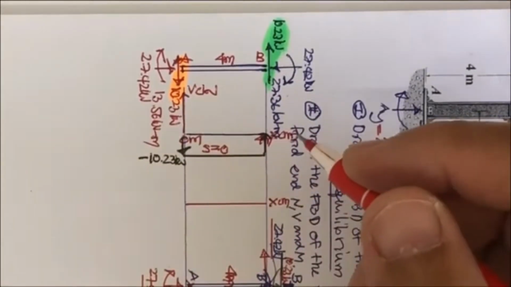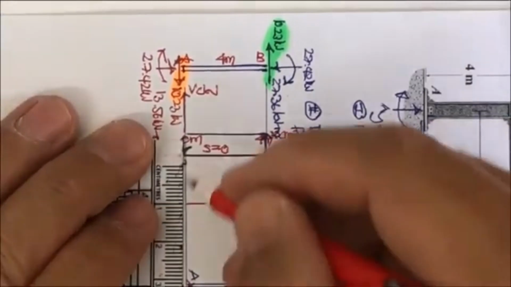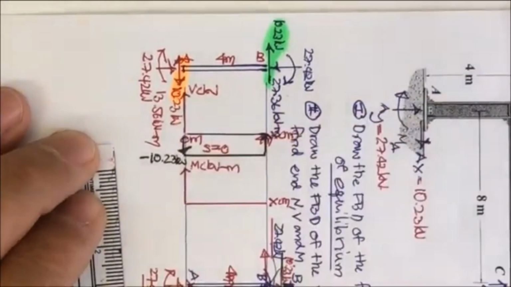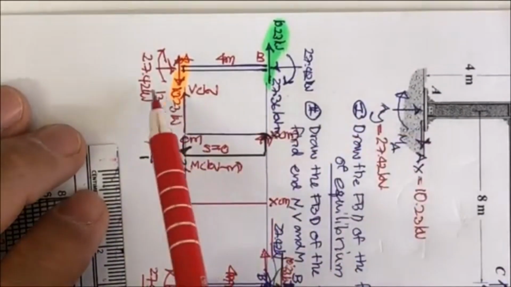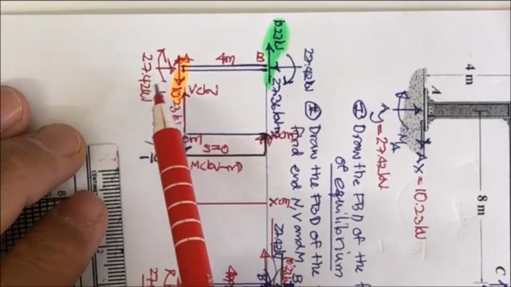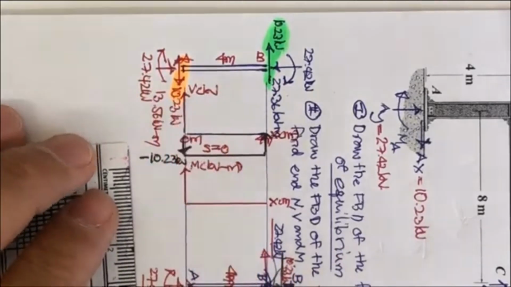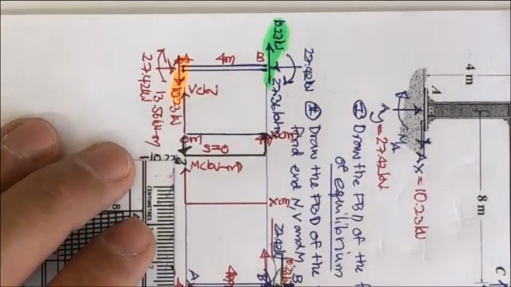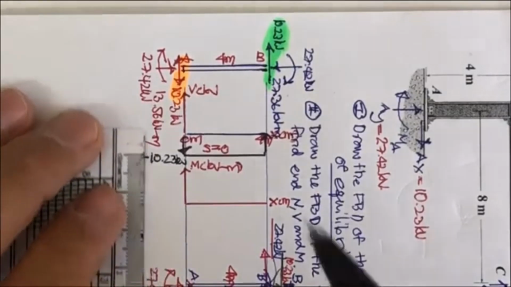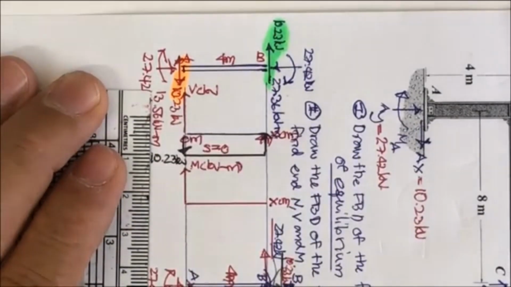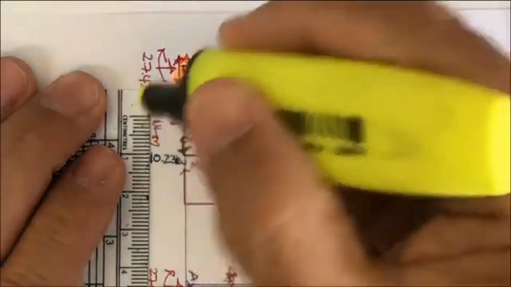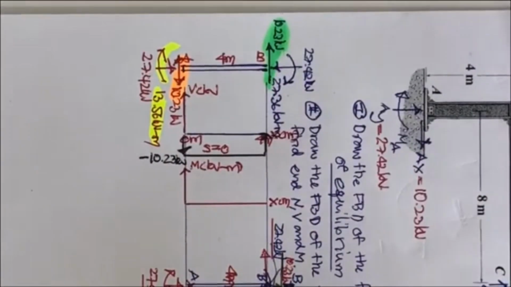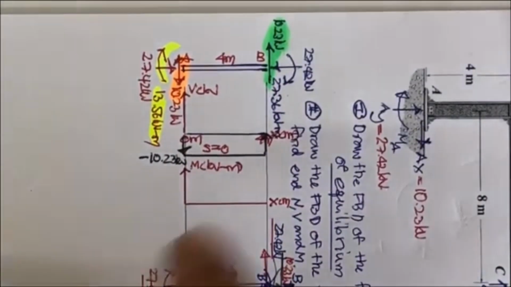meter, and the axis here is going to be the moment in kilonewton meter. And what we have is this 27.42 rotating clockwise, and you guys know that if we have the clockwise moment... oh sorry, we have this not 27, we have this clockwise moment, 13.56, and that 13.56 is going to be positive.